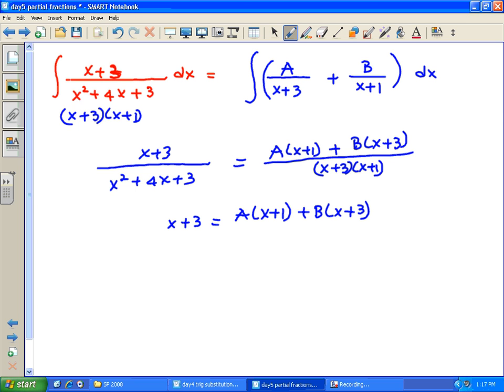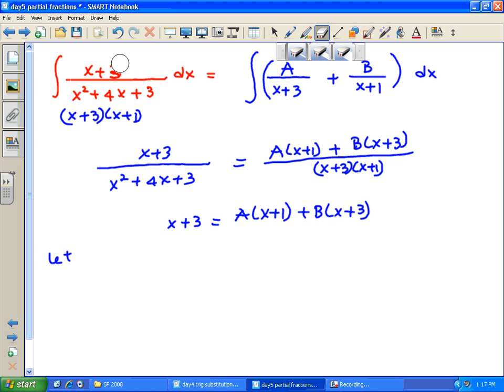Okay. Our job is to find a and b. Here's the easiest way to find a and b: let x be equal to different values. I'll give you the first one. Let x be equal to, you know what, I just changed that question from x plus 2 to x plus 3, but that's going to create a problem because now the x plus 3's can be canceled. Let's make that x plus 5, please. Sorry about the trouble.